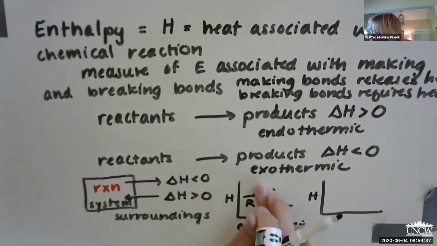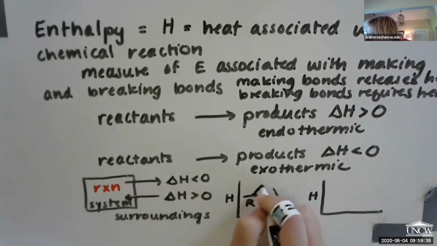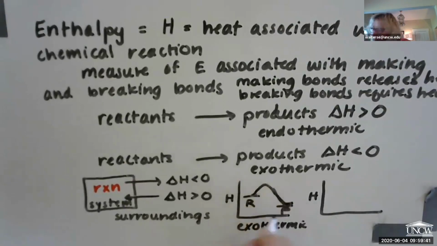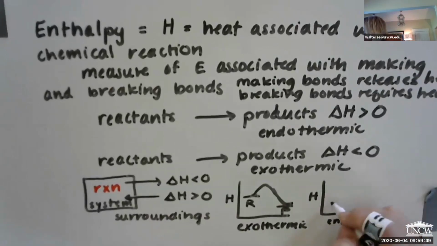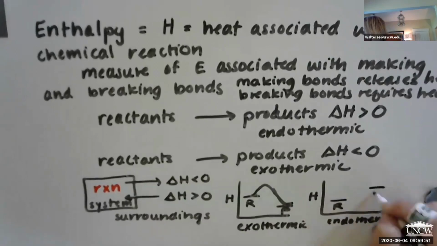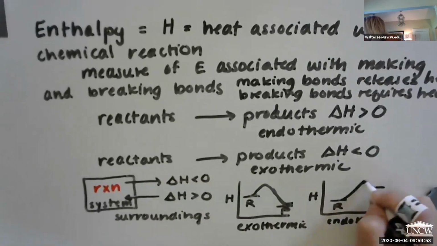It should actually be drawn more like this. For an endothermic reaction, your products are going to be higher in enthalpy, and then the peak height of the hill will be closer to the product side.